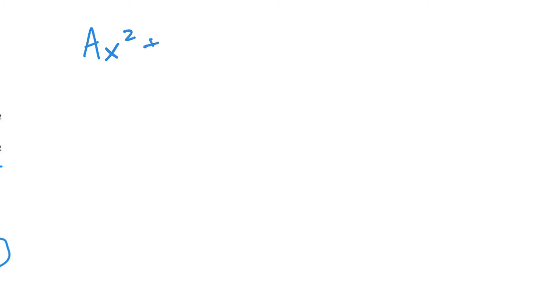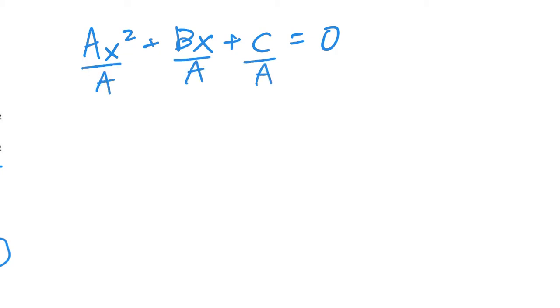We have ax squared plus bx plus c, and we want to solve the equation by solving for zeros. So first thing we want to do is divide everything by a, using capital letters so that it's easier to read, because my handwriting, I don't want to make b look like a 6.